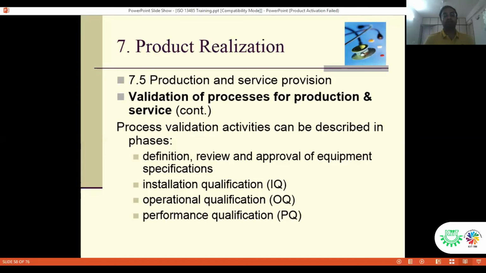Under the operational qualification, the person who is going to do this process gets qualified. At the time of performance qualification, with respect to different criteria and the SOPs which we have prepared, the performance qualification should be carried out for the processes or for the machine which we have installed in your manufacturing activity.